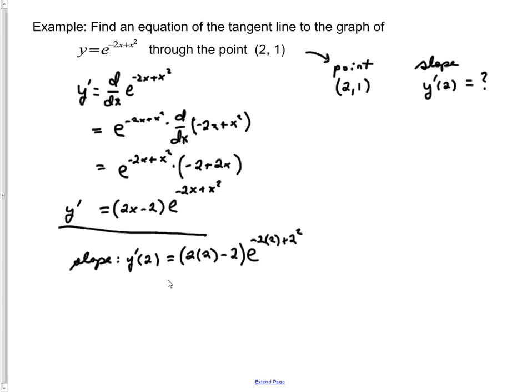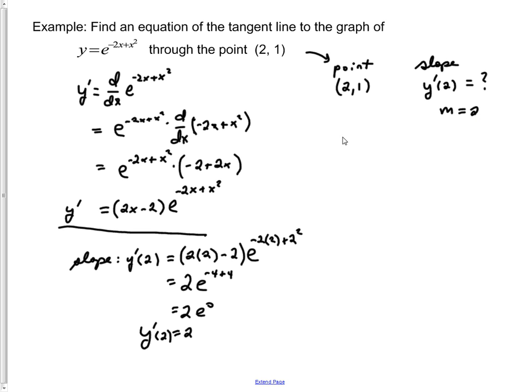And in this case, by substitution, of course, 2 times 2, that's 4 minus 2, that's 2. And we're going to be multiplying that by, let's see, negative 2 times 2 plus 2 squared. Well, that's just 0, right? That's 2 times e to the 0, and we know that that's going to be 2. All right, so y prime evaluated at 2 is 2, and so that's our slope.